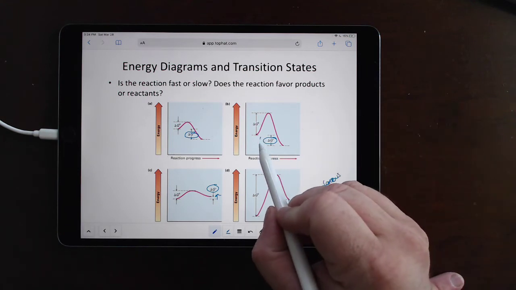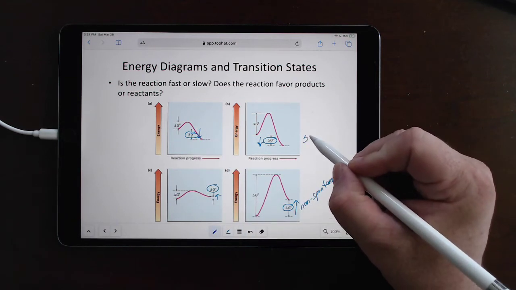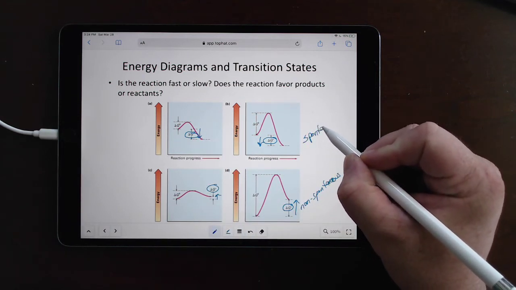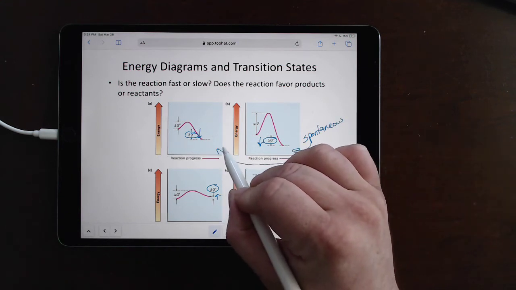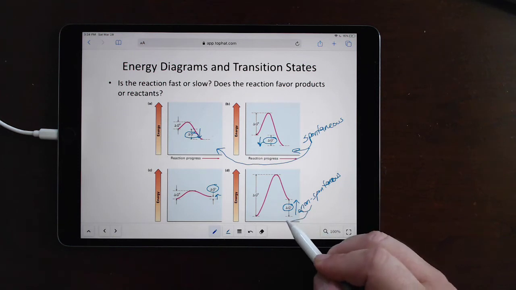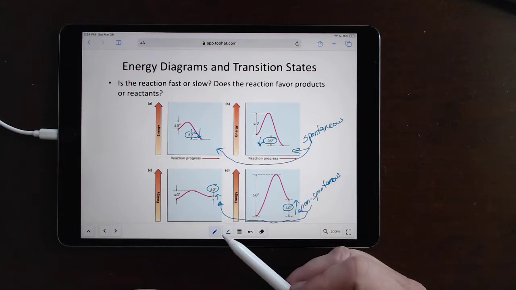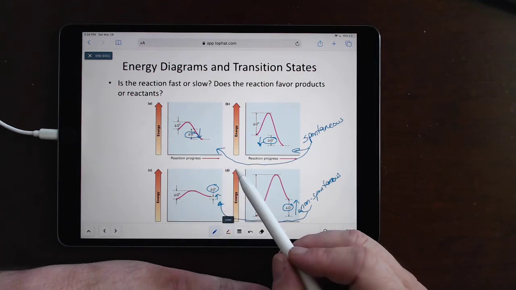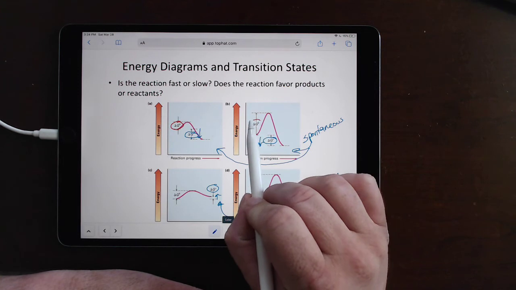Okay, but this one here, this one's going down, down. So these two are going to be spontaneous. So that one and that one. Really terrible arrows.